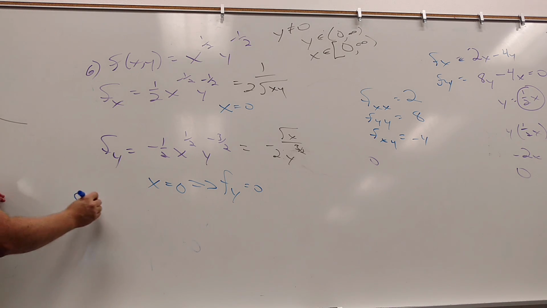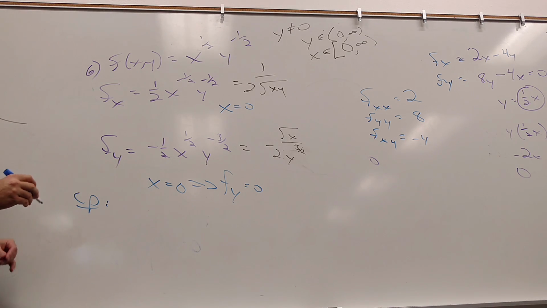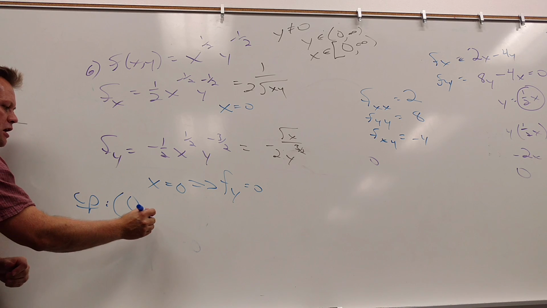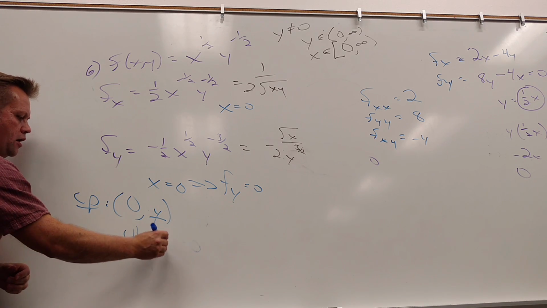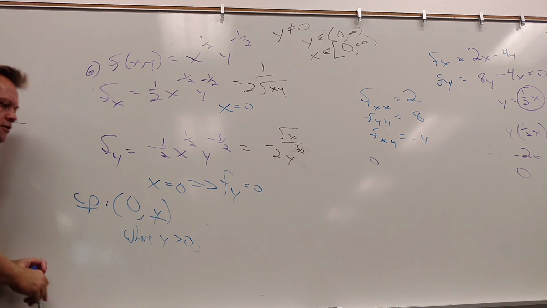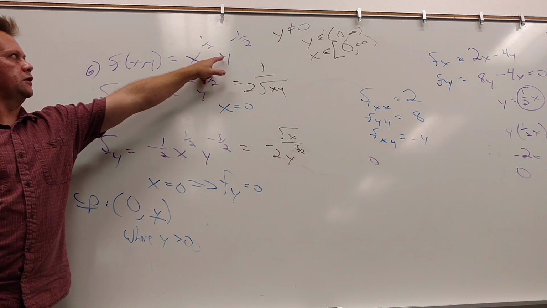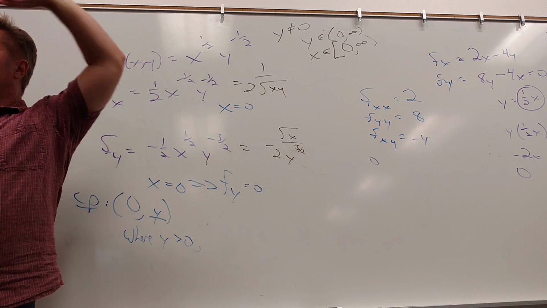So the critical points look like 0, comma, y, where y is greater than 0. Now that one I put at the end because that's obviously a little bit beyond, but still, I wanted to talk about it. If y equals 0, the original function is undefined, and you just can't have that happen.